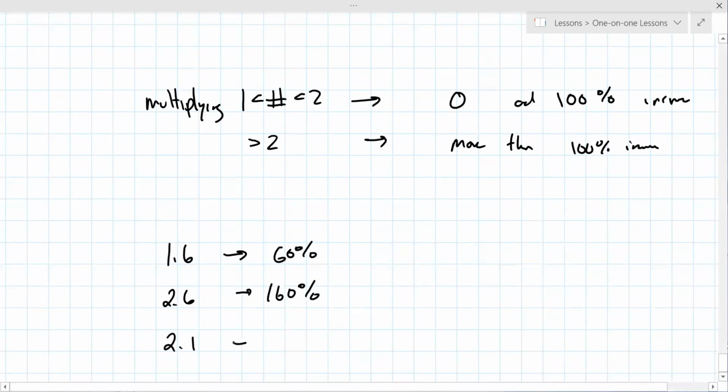So 2.1 would be 110%. Oh. Okay. So then 2.2 is 120%, 2.3. Yeah, okay, I get it. That took me a while to get.